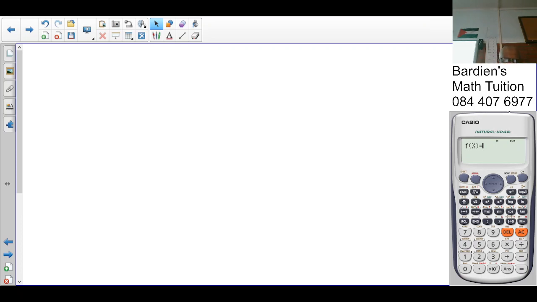Alright, so at this point we have drawn the graphs in that form, y is equal to mx plus c. Now we're going to look at Unit 5.